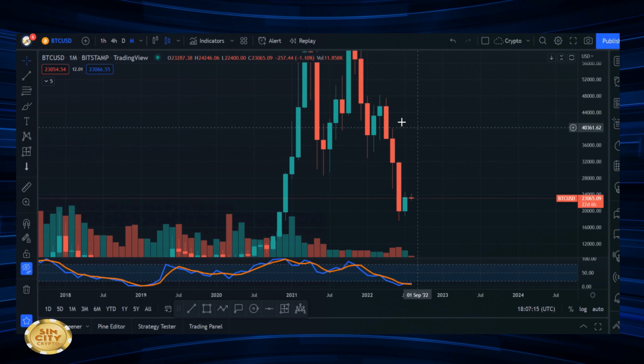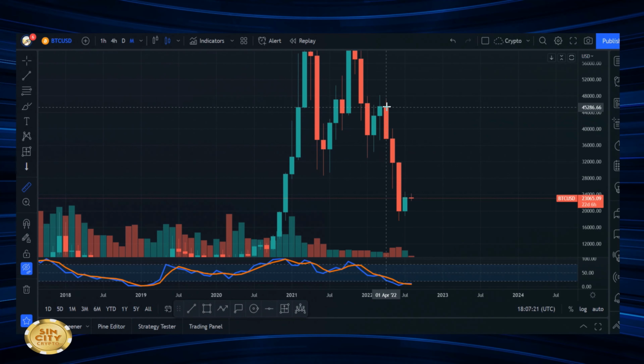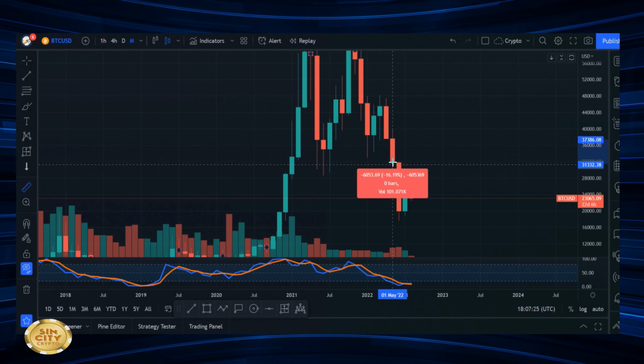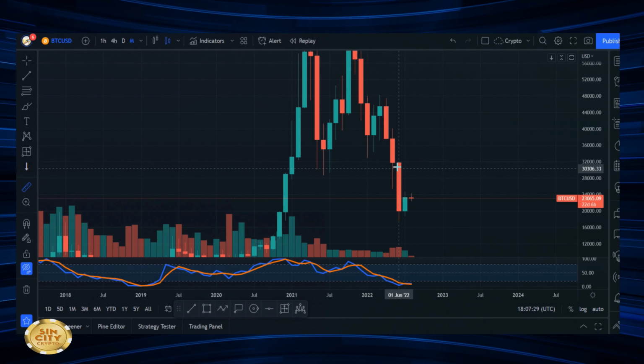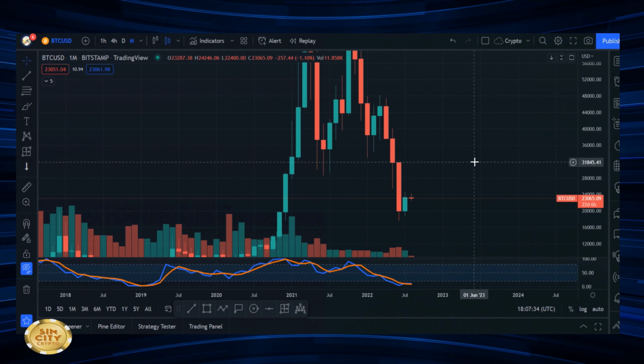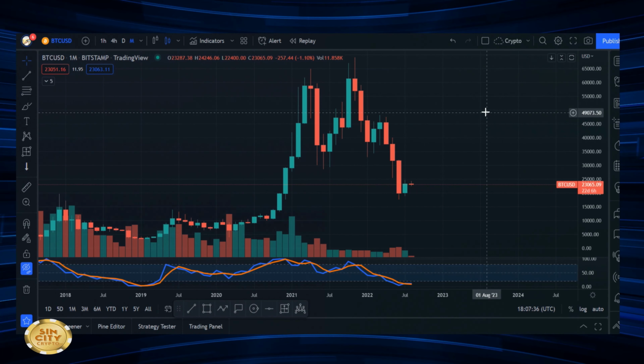You had 3 massive red monthly candles. The first candle measured 17%. The second candle measured from open to close, not even the wicks, 15%. And the last one, we had the giant one, a 38% candle on the Bitcoin monthly chart. So the bear market was accelerated.